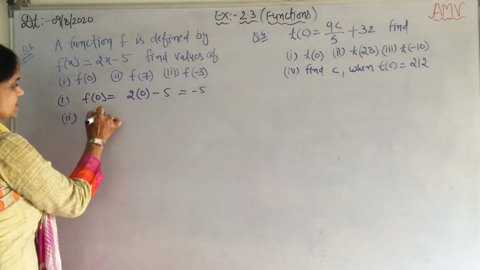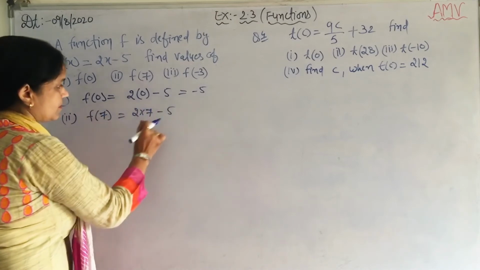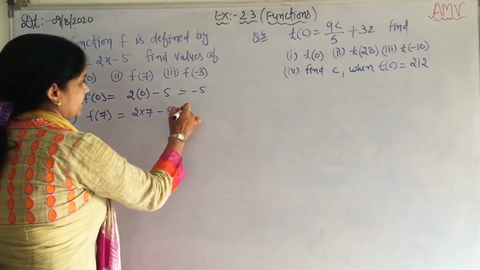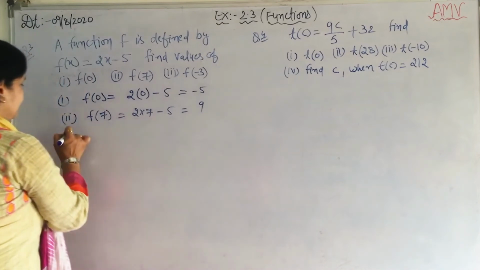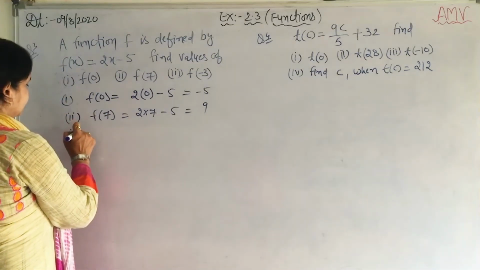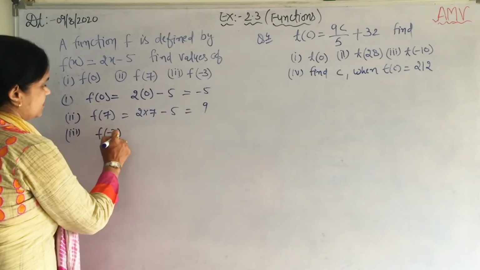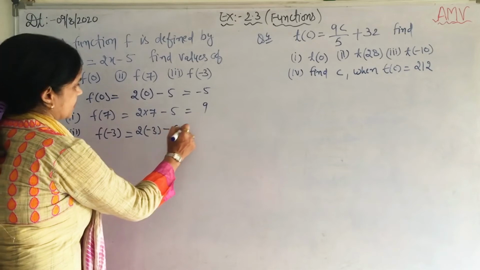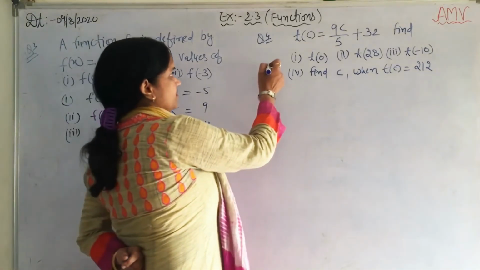Second, f(7), write 7 in place of x. You will get here 14 minus 5, it's 9. Third part, f(minus 3). So 2 into minus 3 minus 5, it's minus 11. Very simple questions.